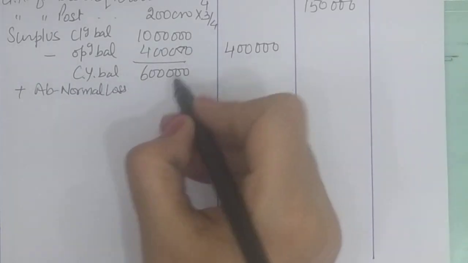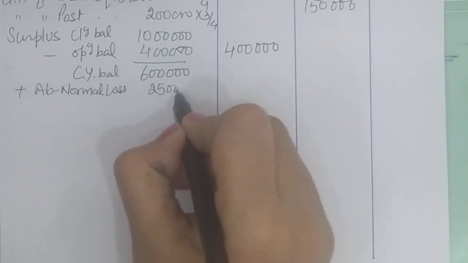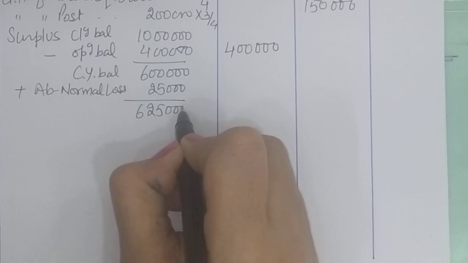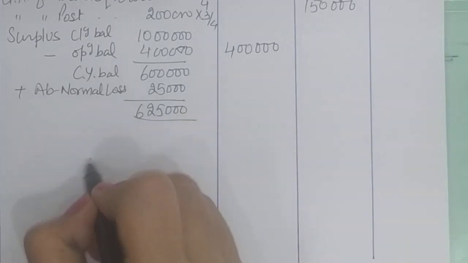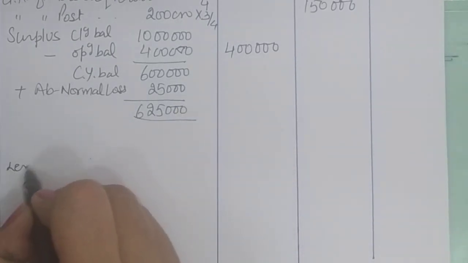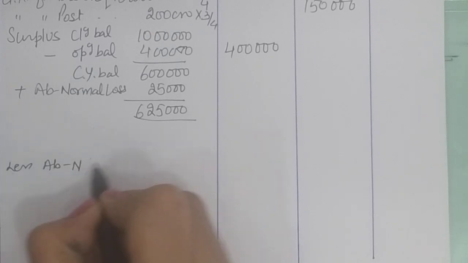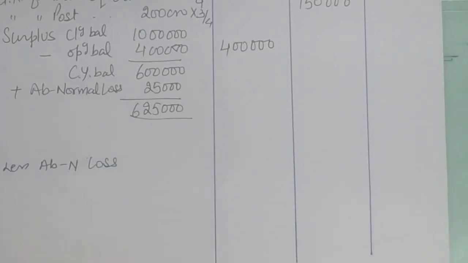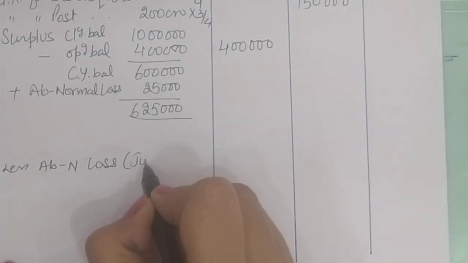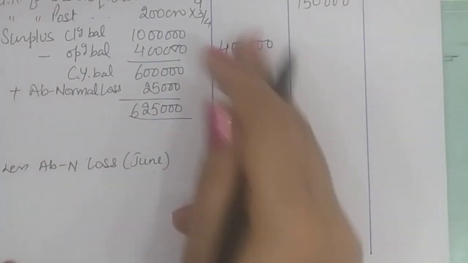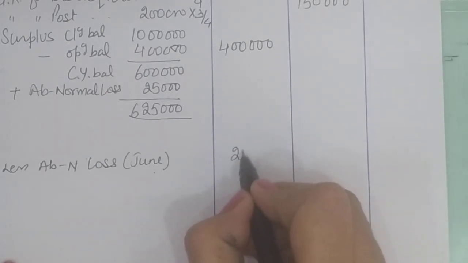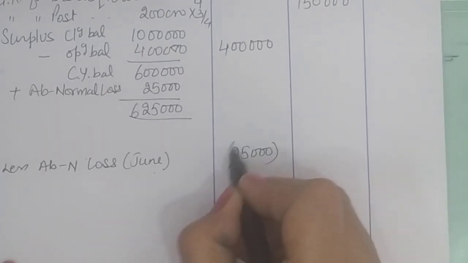So abnormal loss of 25,000 will be added back to calculate normal profit of the year, which will be split into pre and post, and the actual loss is subtracted from the relevant time period to which it belongs. Since this loss has taken place in the month of June, so it falls in pre-acquisition period. So 25,000 will be subtracted from here.